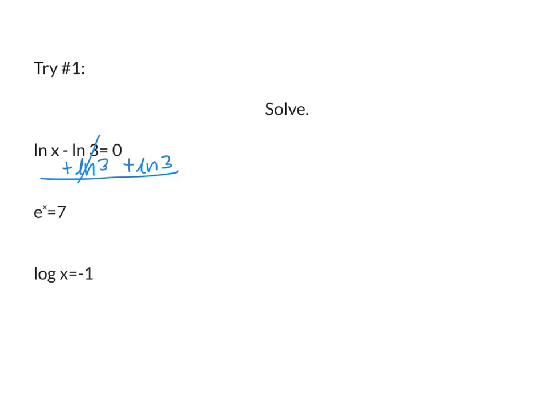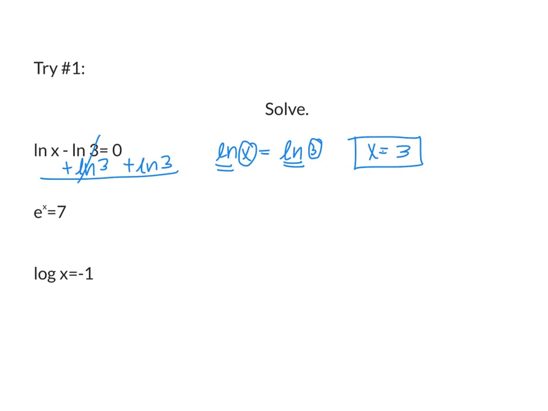If I add the natural log of 3 to both sides, now I have the natural log of x equal to the natural log of 3. Based on one of our properties, because these natural logs are set equal to one another, their parts are equal as well, so x equals 3.